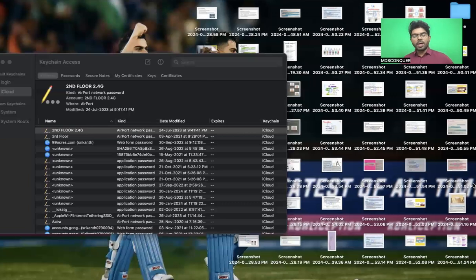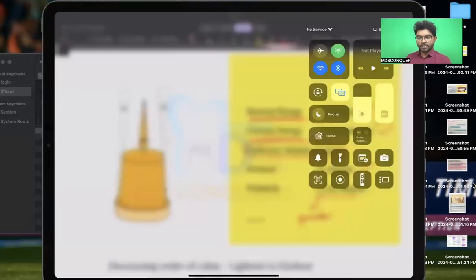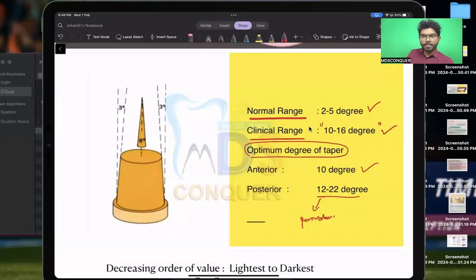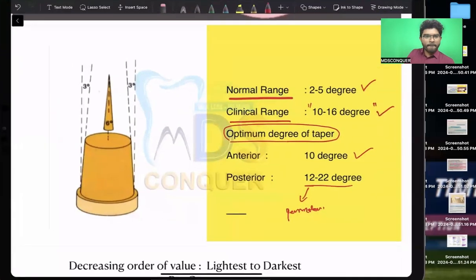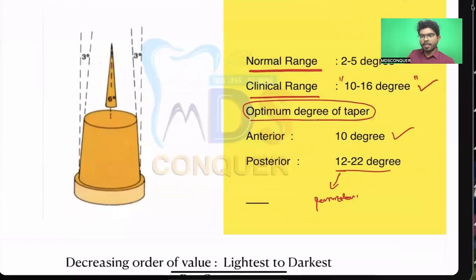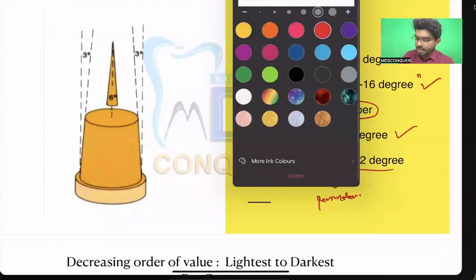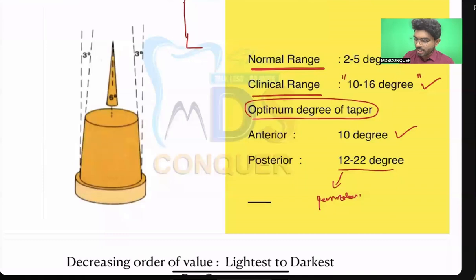So can you tell me what is the concept of taper related to retention? How are the tapers going to relate to retention? So the curve of taper and retention will be like this.